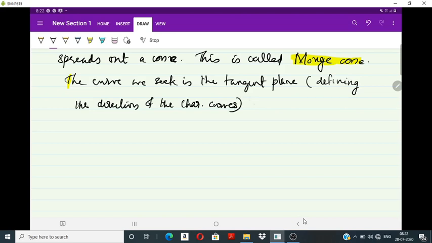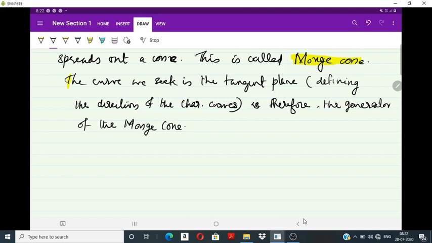A curve is therefore the generator of the Monge cone. Generator of the Monge cone. So now we have to calculate the curve that generates the Monge cone.